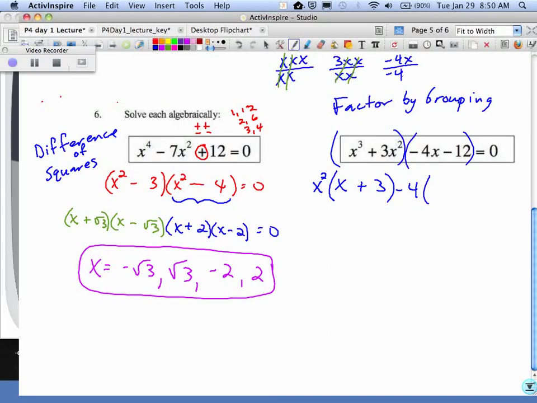What do you notice about the parentheses? They're the same. Now, how many terms do we have in that blue, and how many factors do I have? How many terms do we have? 2 terms.